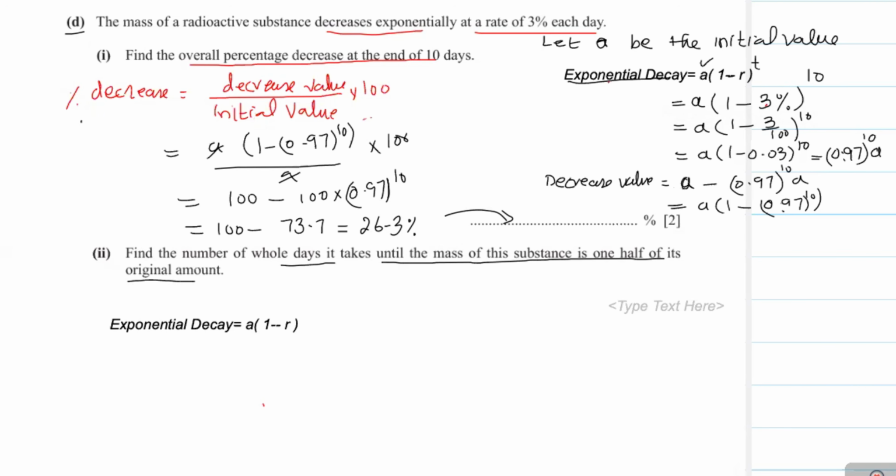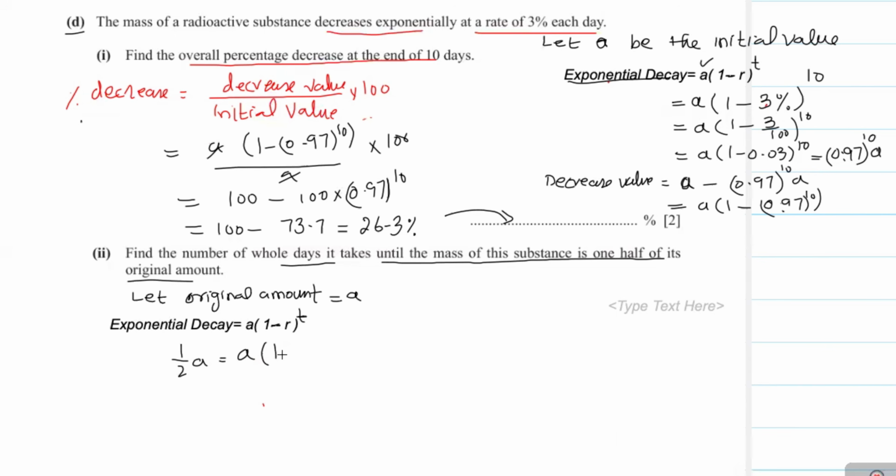Next, find the number of whole days it takes until the mass of the substance is half of its original amount. In this part, we also use the formula of exponential decay. Now let the original amount be equal to a. The exponential decay of mass is half of this original amount, so it becomes 1 over 2 a, and a we write as it is, and 1 minus r power t is the formula.